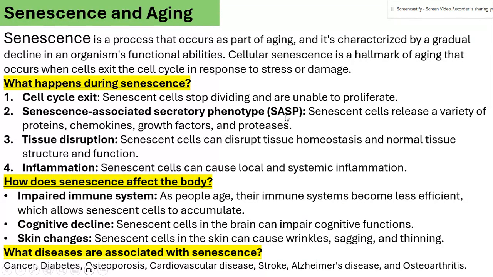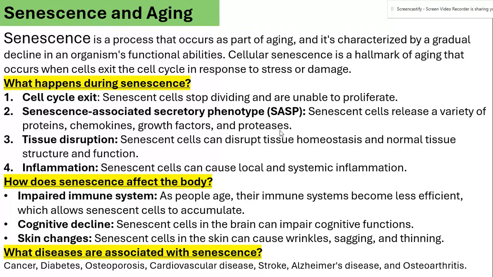Senescence-associated secretory phenotype, SASP: senescent cells release a variety of proteins, chemokines, growth factors, and proteases. Tissue disruption: senescent cells can disrupt tissue homeostasis and normal tissue structure and function. Inflammation: senescent cells can cause local and systemic inflammation.